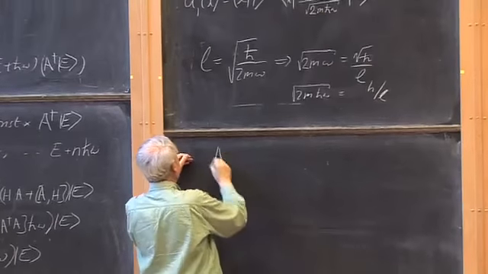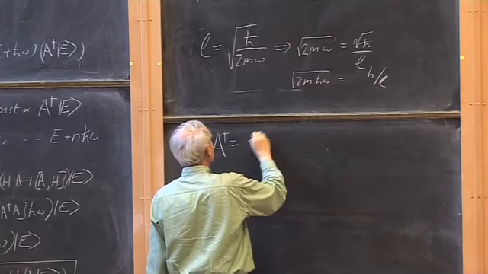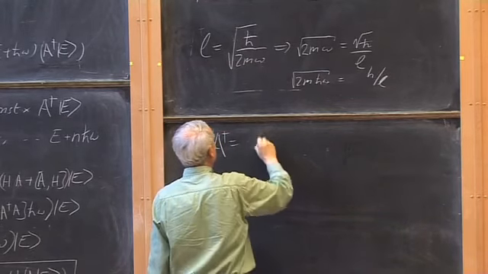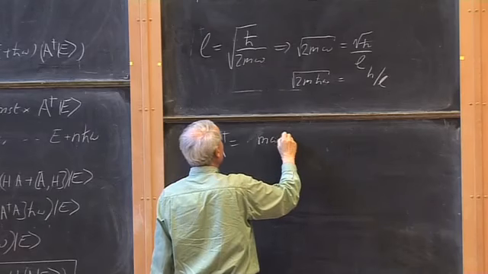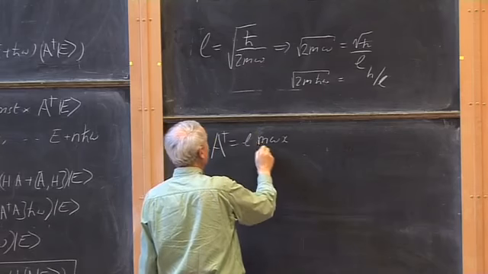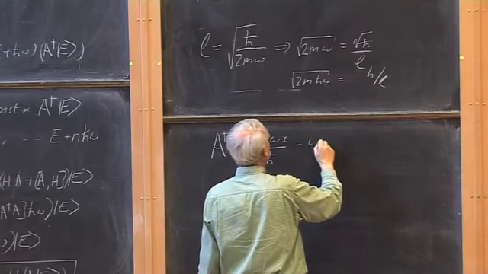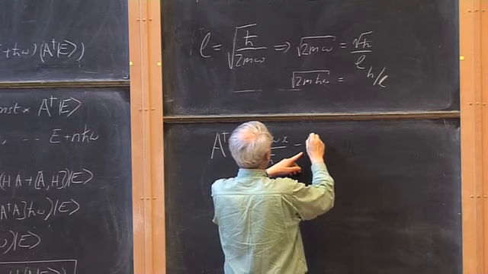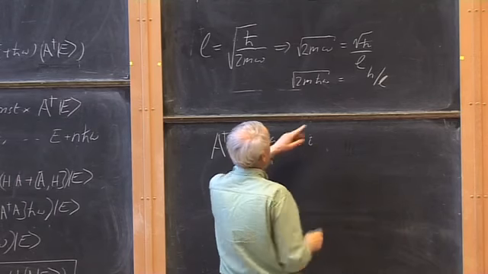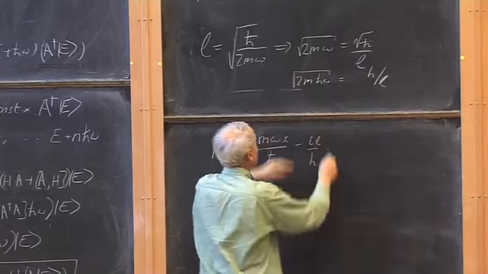So I can say that a dagger is equal to (m omega x times L over h bar, minus i times L over h bar times p).